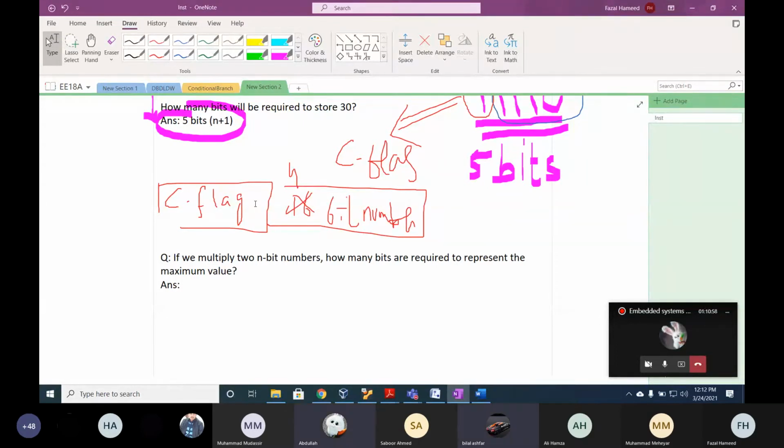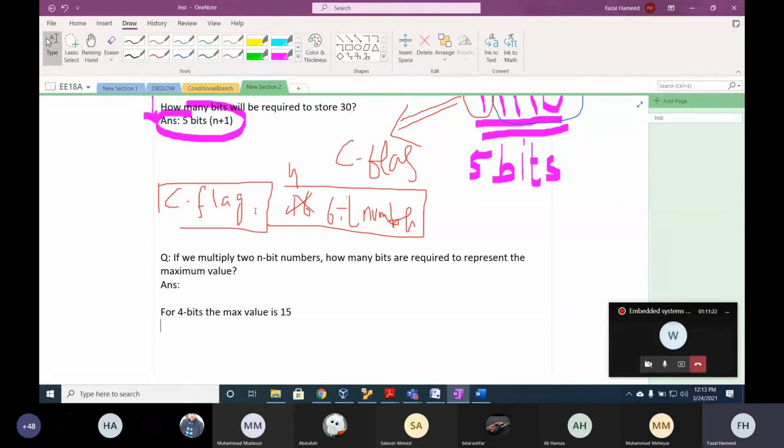Sir, n square plus 1. Why n square plus 1? Take the same example. For 4 bits, the maximum value is 15.